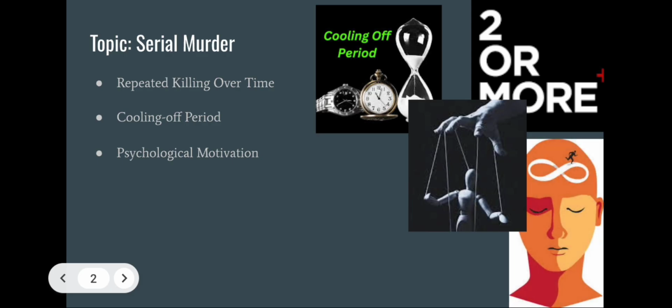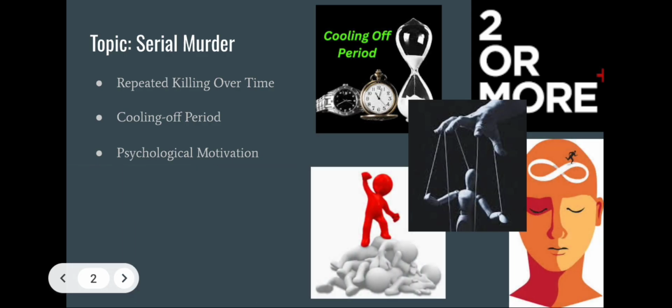Serial murder is different from mass or spree killing because it involves repetitive behavior over long periods of time with ritualistic patterns and tends to show an escalation over time.